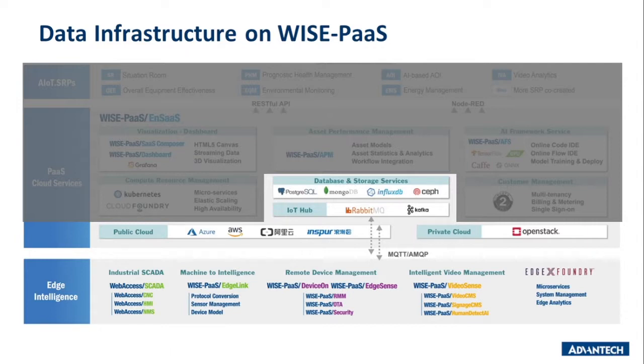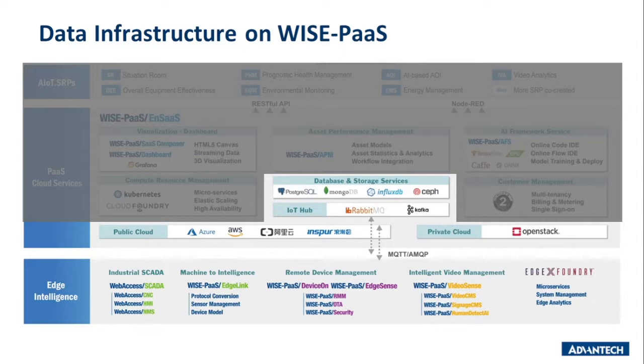And once these data are collected and sent to the IoT hub, we then can create applications to subscribe or retrieve these data and then put it into the database services offered on WISE-PaaS.